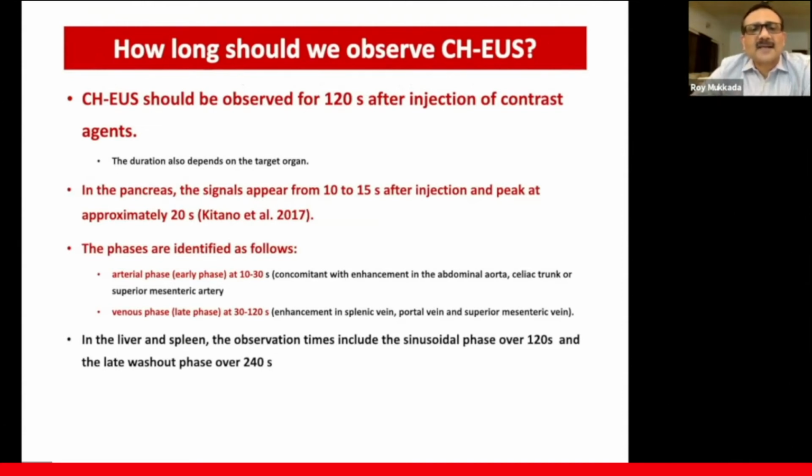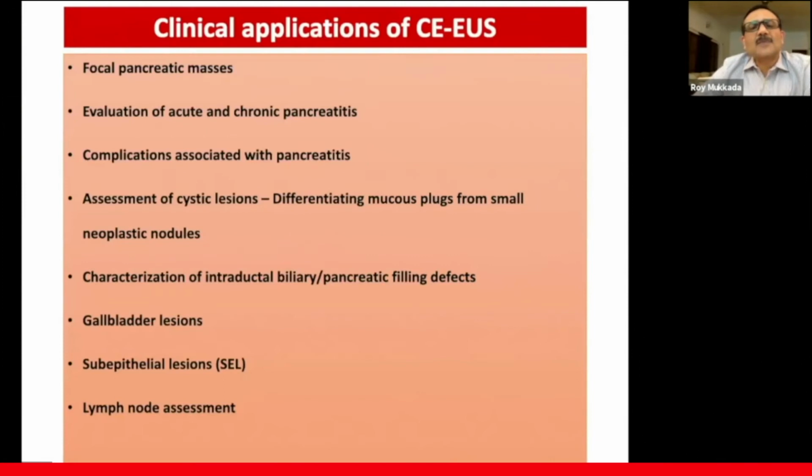The phases are identified as arterial phase, that's the early phase, 10 to 30 seconds, and the venous phase, that's the late phase, 30 to 120 seconds. That is the enhancement of splenic vein, portal vein, superior mesenteric vein. In liver and spleen, the observation time includes the sinusoidal phase over 120 seconds and the late washout phase of 240 seconds.